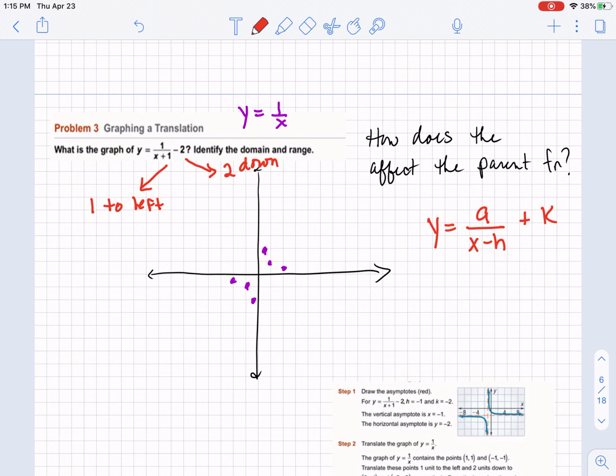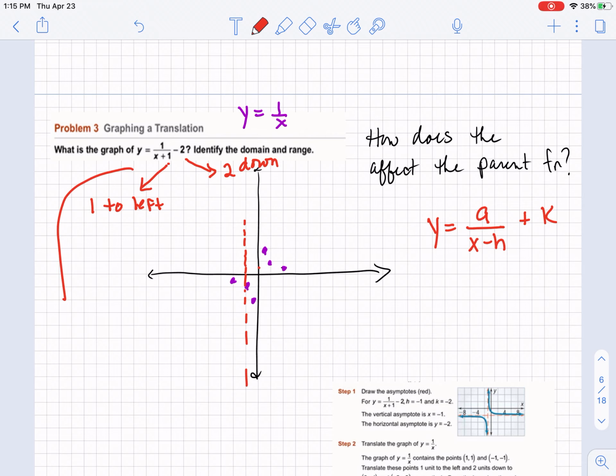Now, I could think of it that way, or I could think of it as my asymptote shift. So think about this. I'm going to take this entire graph and shift it 1 to the left. Watch this. My vertical asymptote is going to be right here instead.